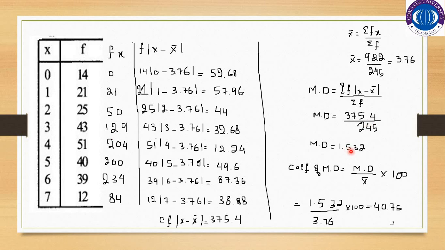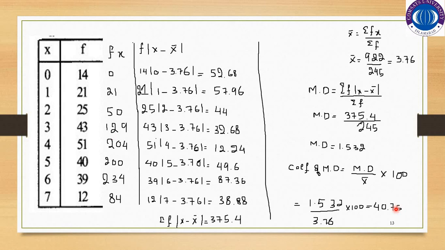So this is the absolute measure of dispersion. And what is the coefficient of mean deviation? This is mean deviation over x bar into 100, and mean deviation is 1.532, and x bar is 3.76 into 100, which is 40.75, which is the relative measure of dispersion.